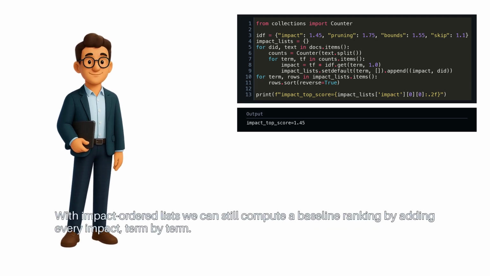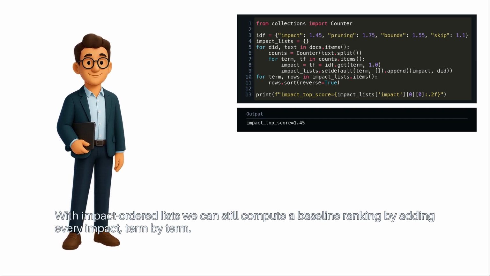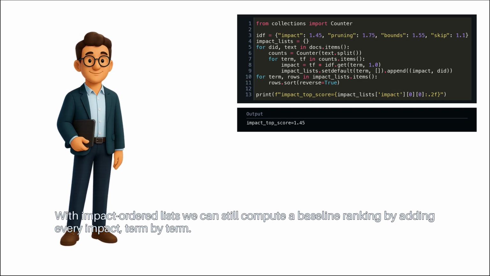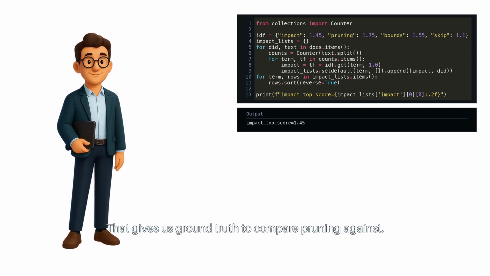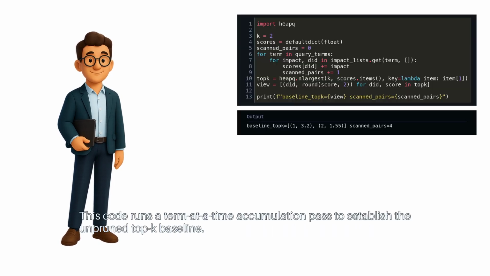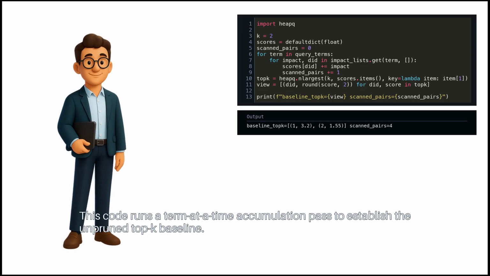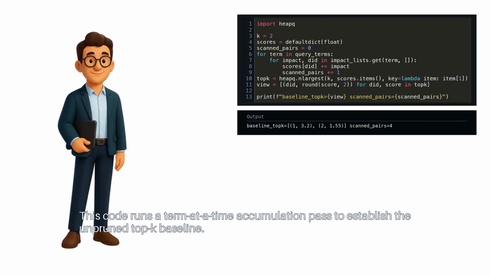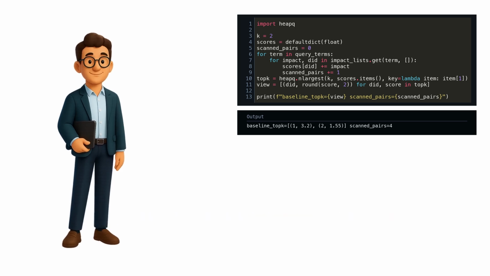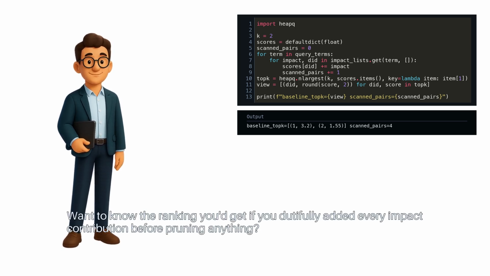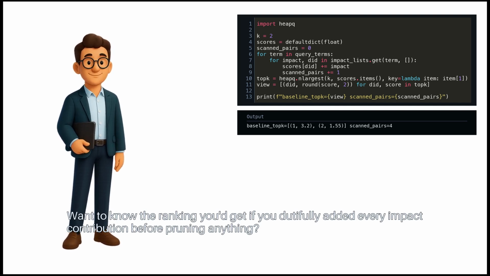With impact-ordered lists, we can still compute a baseline ranking by adding every impact, term by term. That gives us ground truth to compare pruning against. This code runs a term-at-a-time accumulation pass to establish the unpruned top K baseline. Want to know the ranking you'd get if you dutifully added every impact contribution before pruning anything?